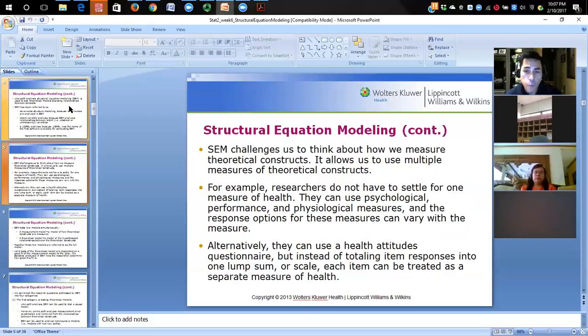We can look at health as a psychological, performance, or physiologic measure, and the response options can vary depending on the measure that you use. So instead of using a health attitude questionnaire, you can also take the total item responses into one lump sum or one scale, and each item can be treated as a separate measure of health.